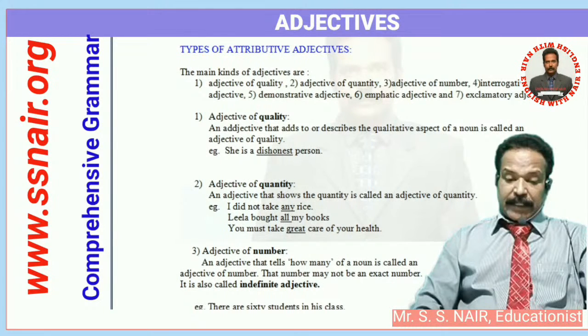On the other hand, there may be a word that tells how many persons or things, or the rank in which a person or thing stands. It's called numeric adjective or definite adjective. Adjectives of number, in other words numeric adjectives, tell about number, not many, each and all, but a number. For example, 60, 50, 40, 20.